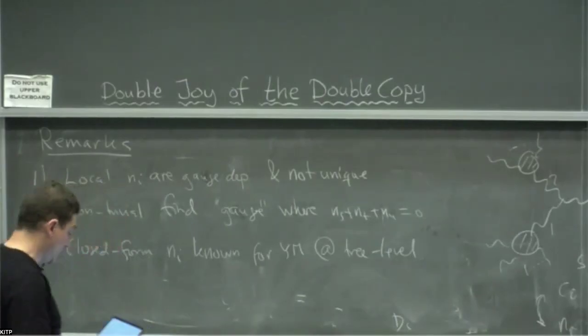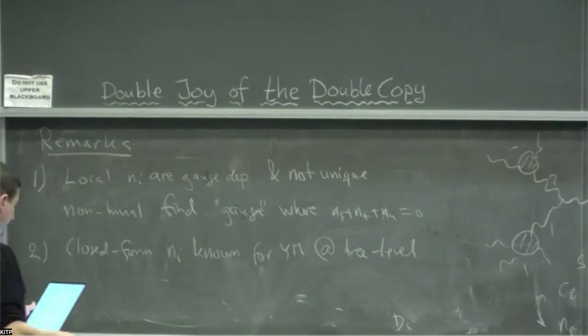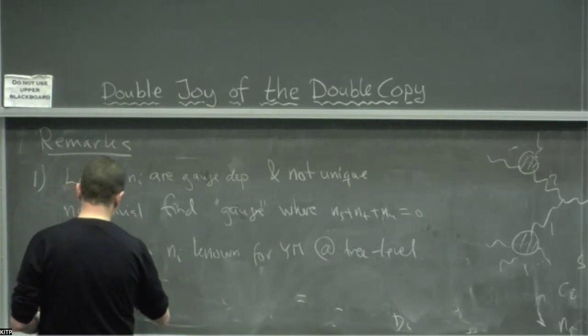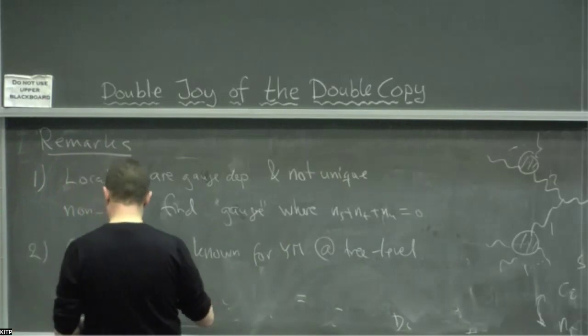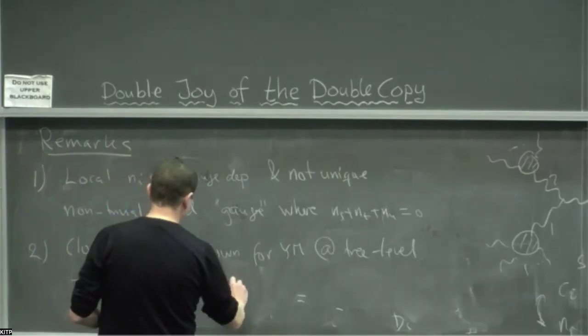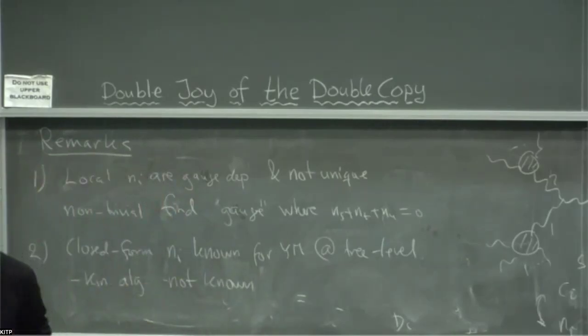The statement here is that even though we know the numerators, we don't know how to generate them from anything like a kinematic algebra. So the kinematic algebra is not known for general cases of Yang-Mills amplitudes.